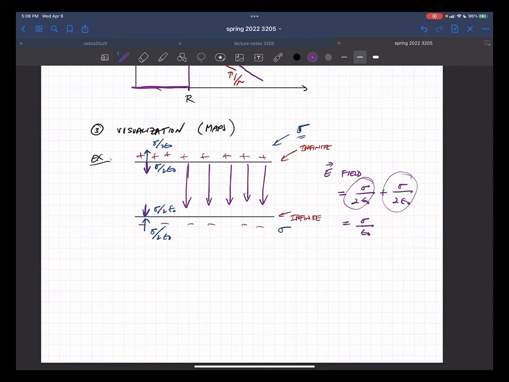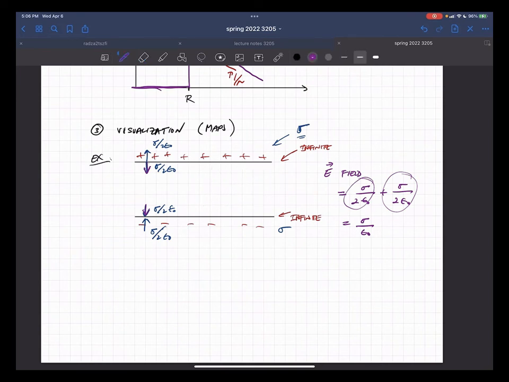Now, what would the potential lines look like? The lines of constant voltage are going to be perpendicular to the electric field lines. Let me try to draw these a little bit better.